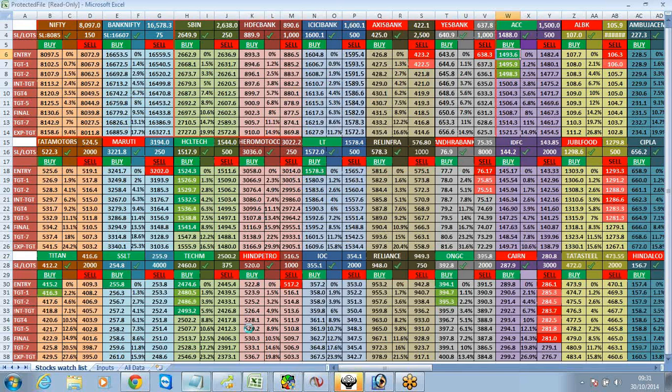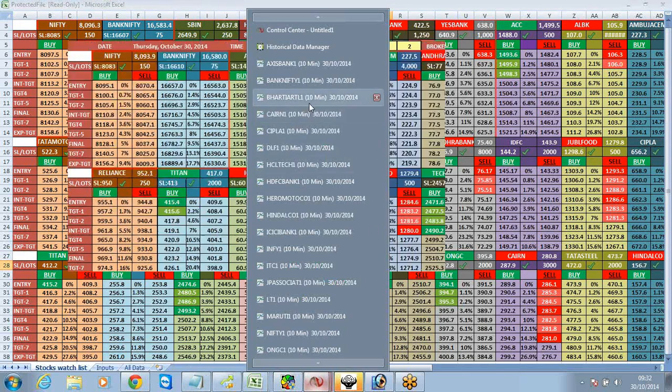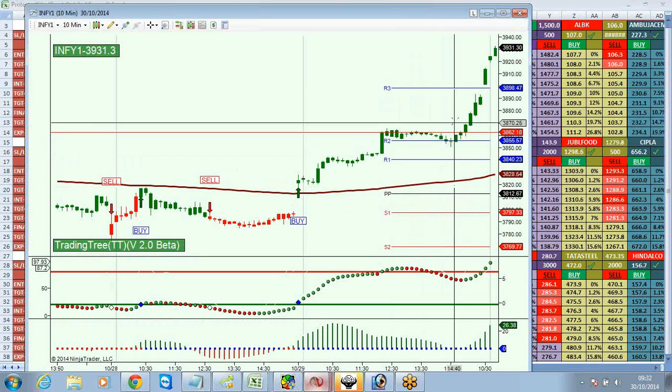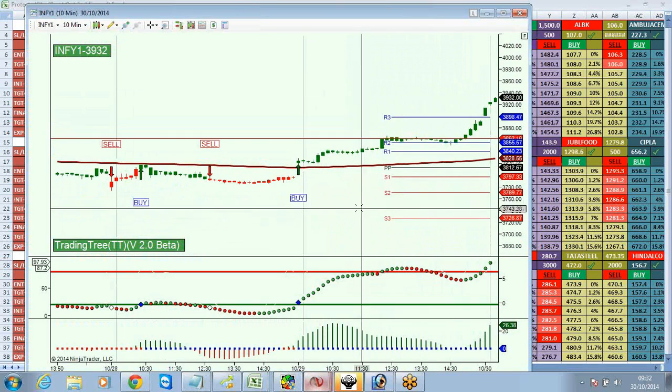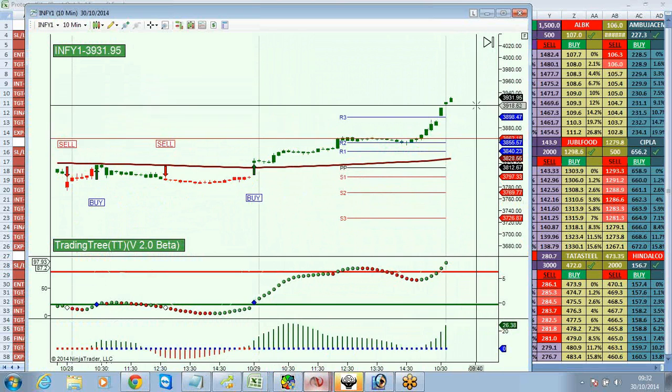Let me add, in place of IOC and Reliance, Infy, and I'll add TCS also here. These are two good calls. The reason I'm saying the IT pack is very active is that you can see here it's a gap up for Infy.